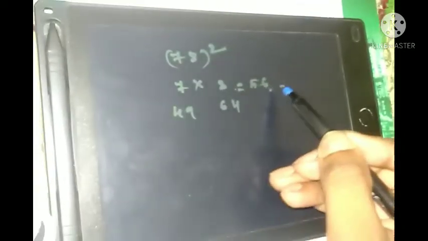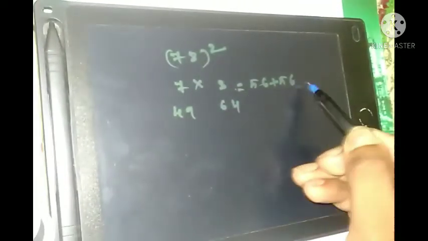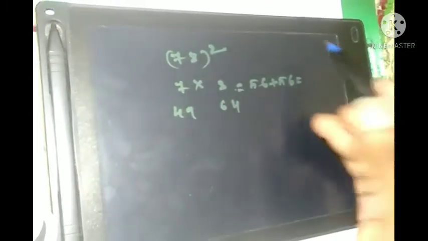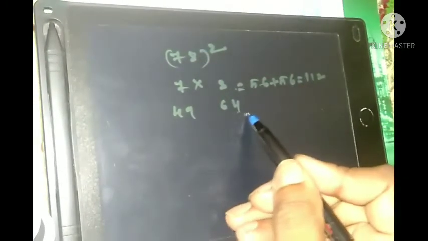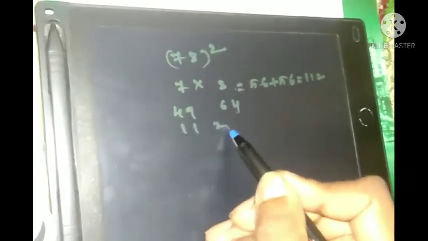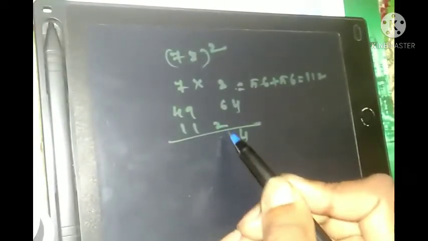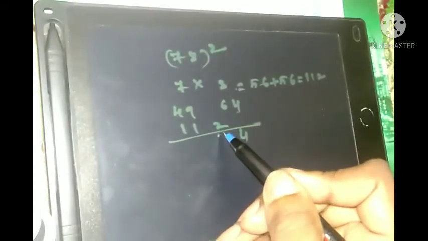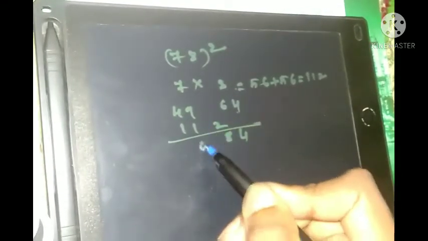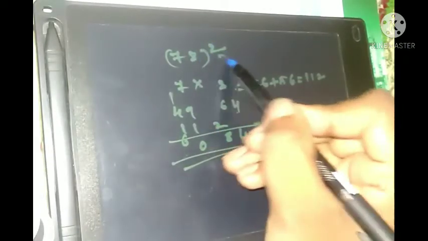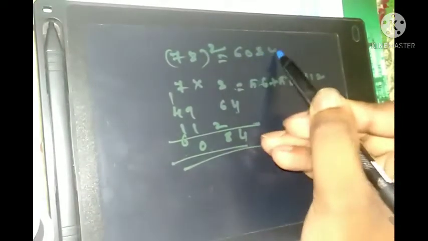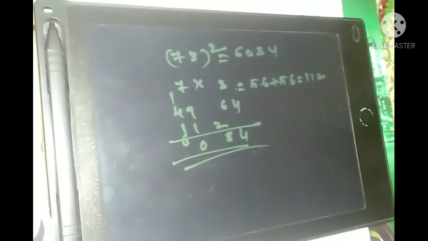Double this number, we get 112. Leaving one digit, write down here, and we get 6084. This is the value of 78 whole square, 6084. This is the answer. We solve many problems of this type within 5 seconds.